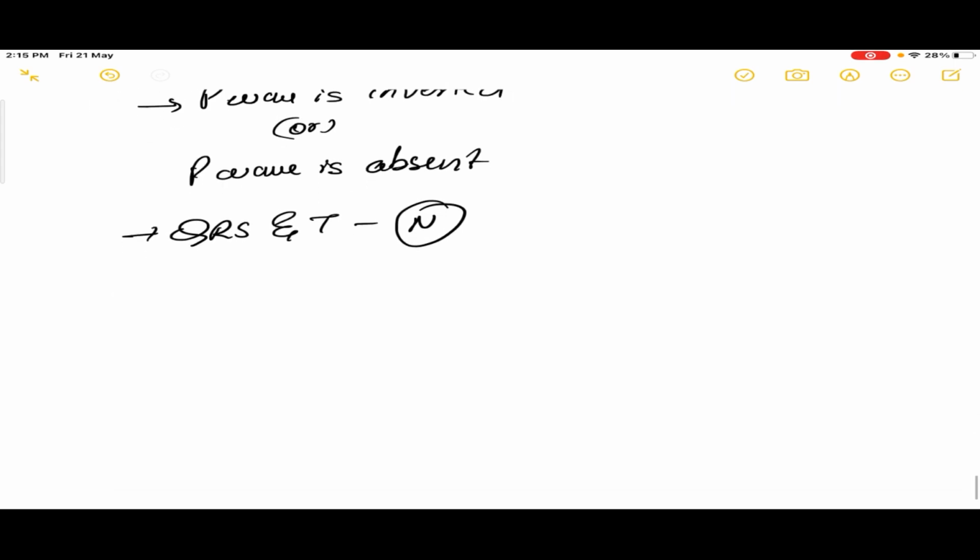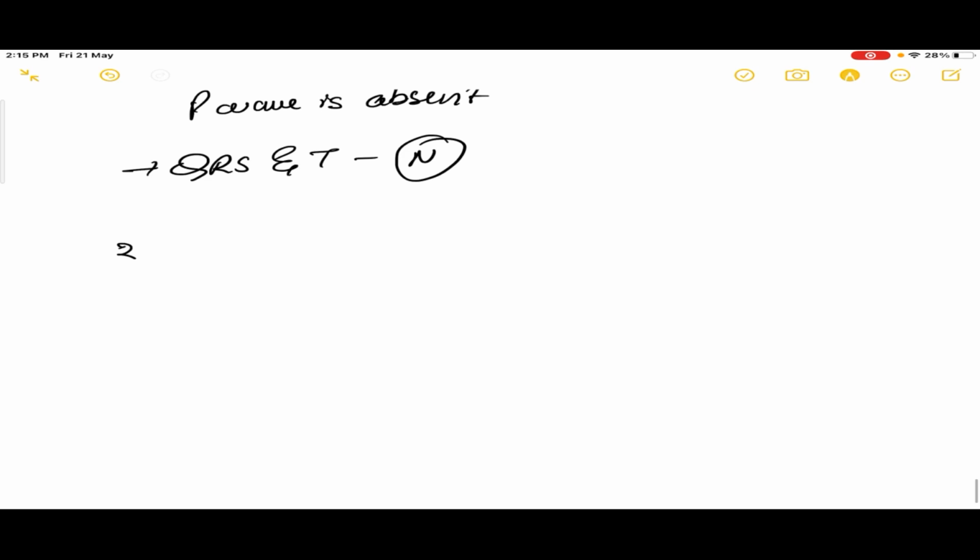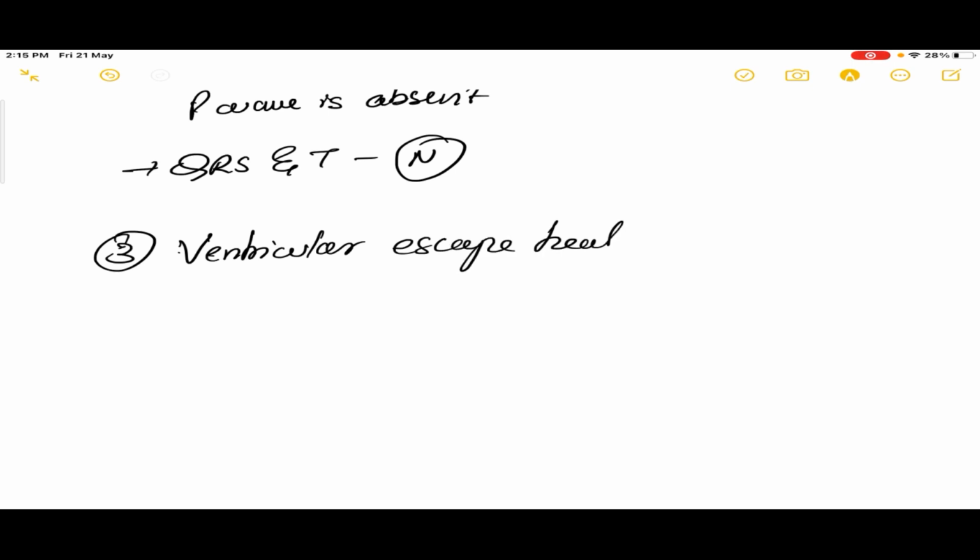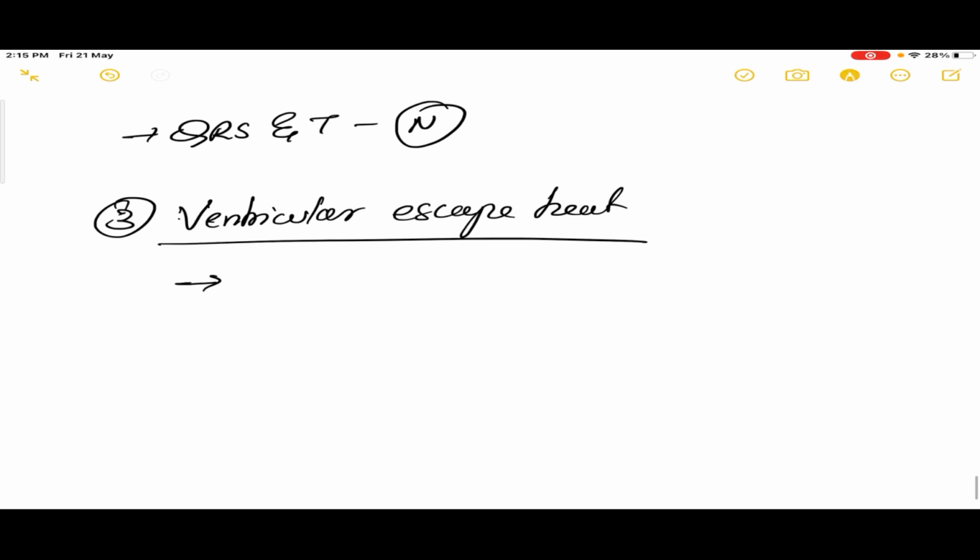Next, coming to ventricular escape beat. In ventricular escape beat, since the escape beat occurs in the ventricular complex and is not conducted to the atria, there is no P wave.